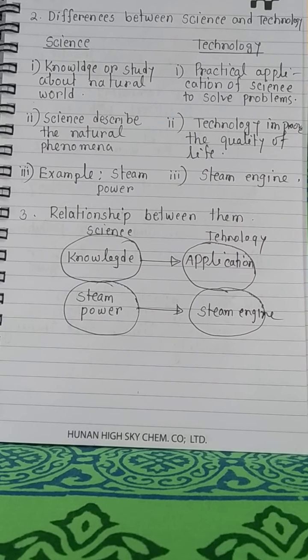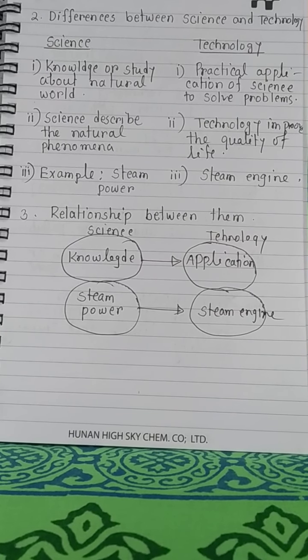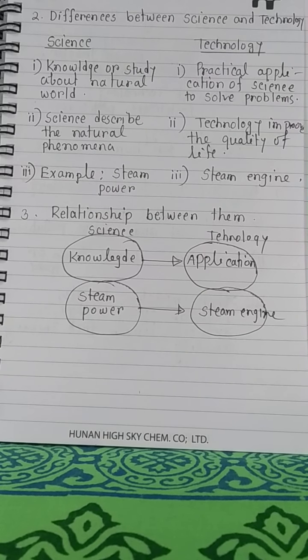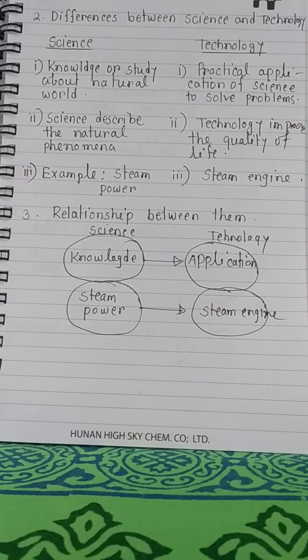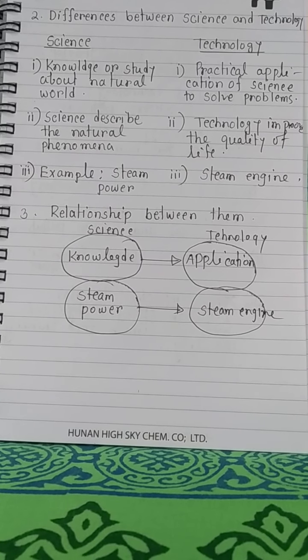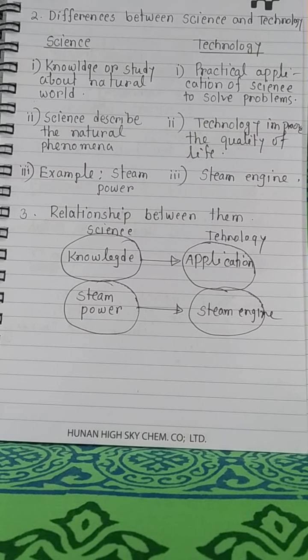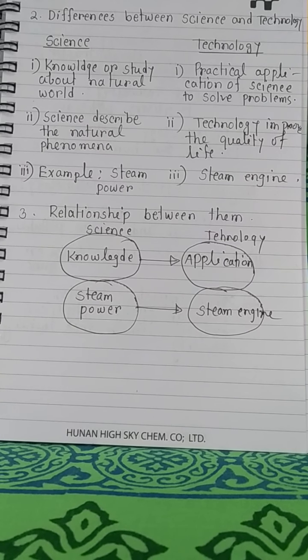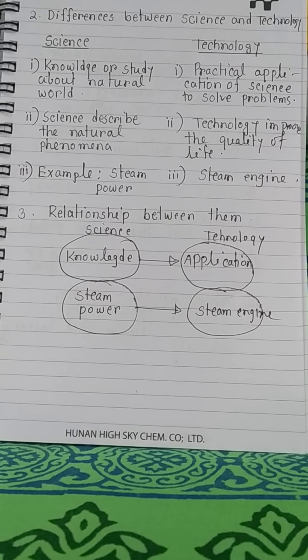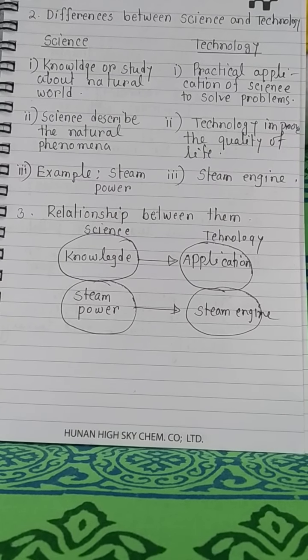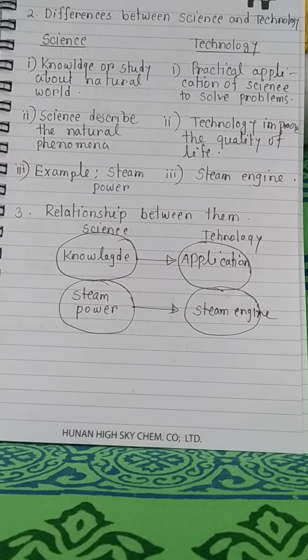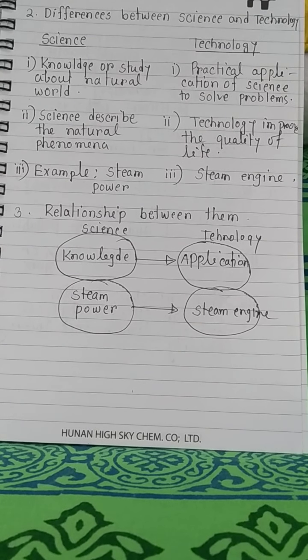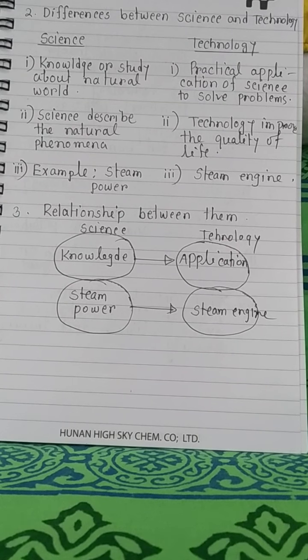Knowledge or study about the natural world is called science, whereas the practical application of science to solve problems is called technology. Number 2, science describes natural phenomena, whereas technology improves the quality of life with the help of the study of science.